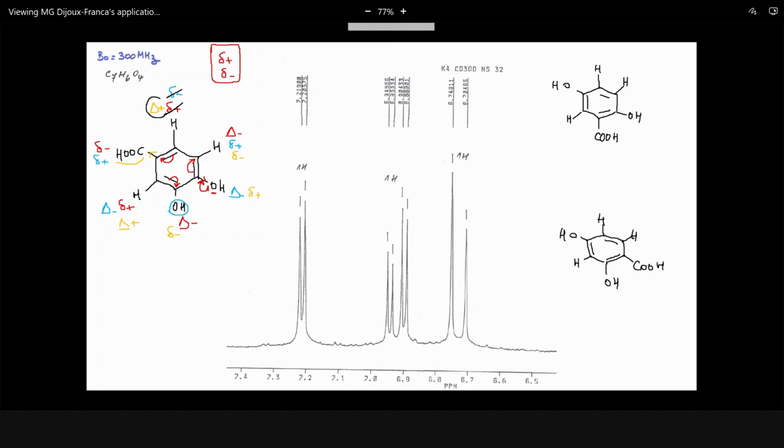So we have here a strong delta plus. Here we have a small delta plus effect, and for the other we have a strong delta minus effect.